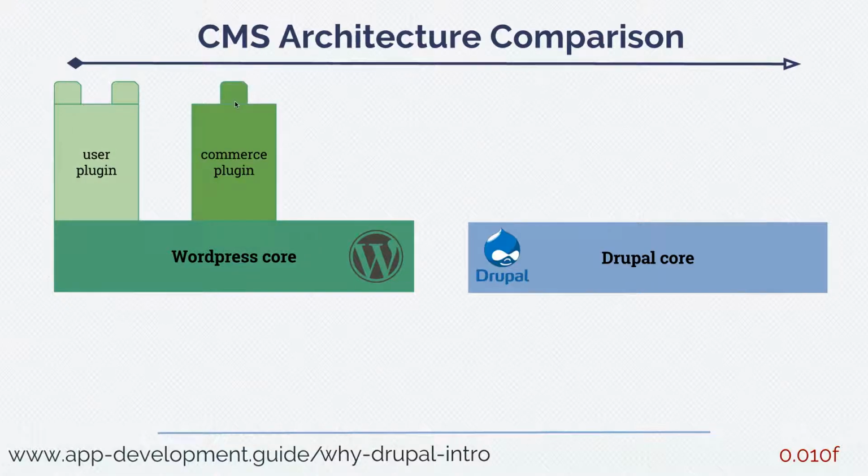You have sub plugins that work with this commerce plugin, but typically this plugin does not work with other plugins, and the commerce plugin doesn't talk to the user plugin. Obviously, all those plugins communicate and work with the core, but not with each other.